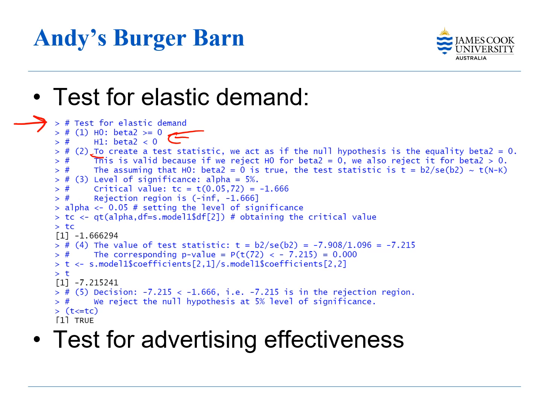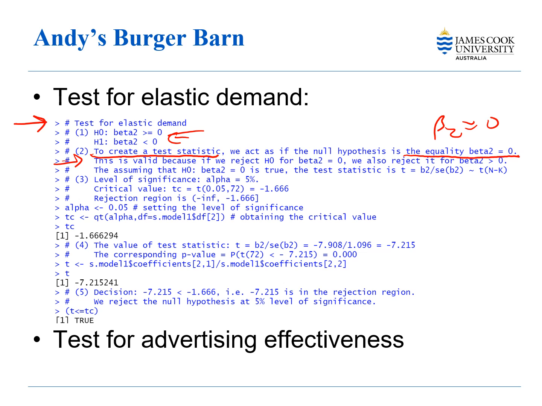Second step, we need to create a test statistic. Here it is important that we act as if the null hypothesis is the equality, beta 2 is equal to 0. Why can we do so? This is valid because if we reject the null for beta 2 equal to 0, then we also reject the null if beta 2 is positive.